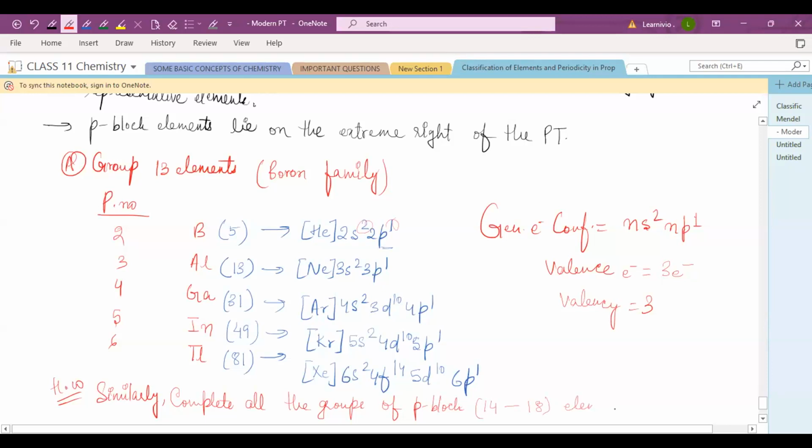And just remember this general electronic configuration, ns2 np1. Basically this is for group 13 elements.